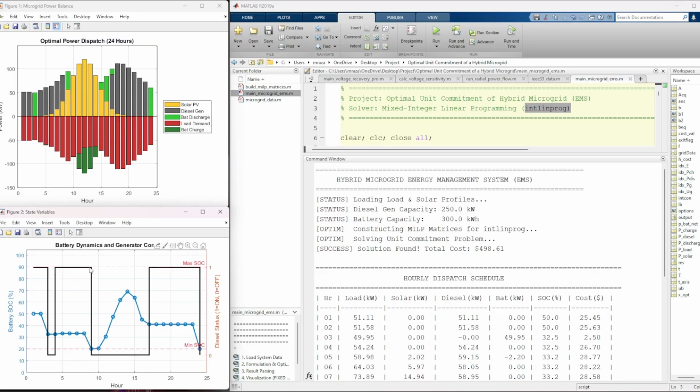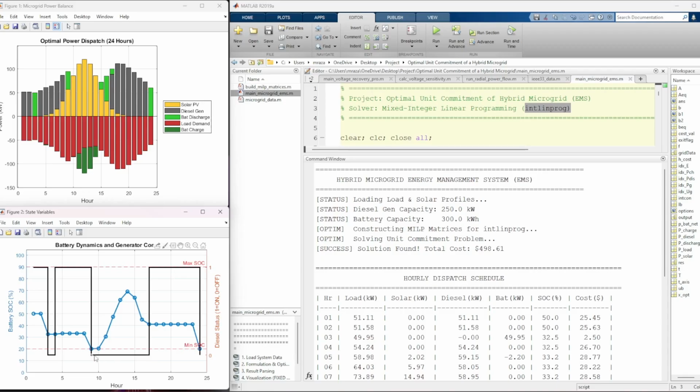From this hour to this hour, we have to turn on our diesel generator to give power to our load, and at these hours we have to again turn on our diesel generator. So the status will be 1, which is on, and at these hours it is turned off by the MATLAB code.